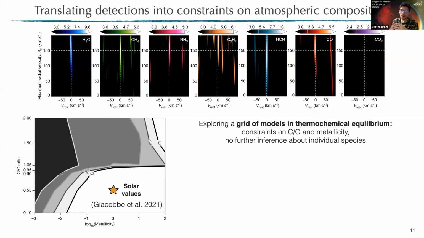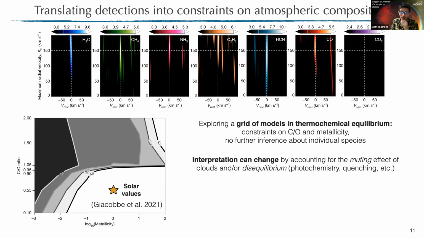You can say, what happens if I explore a grid of models in thermochemical equilibrium? And here again, it's the same planet I presented earlier. And you could start having some good constraints on C/O ratio, metallicity. You lose, of course, the ability to do the inference about individual species, because in this case, all the species coadd together to give you the signal.